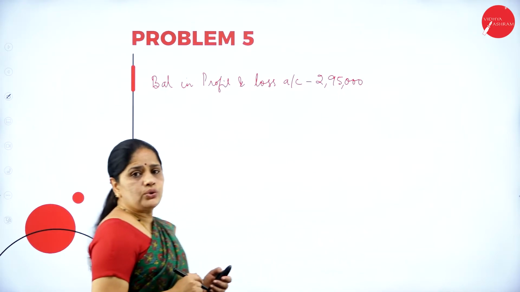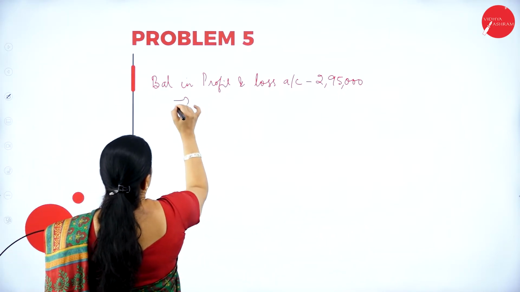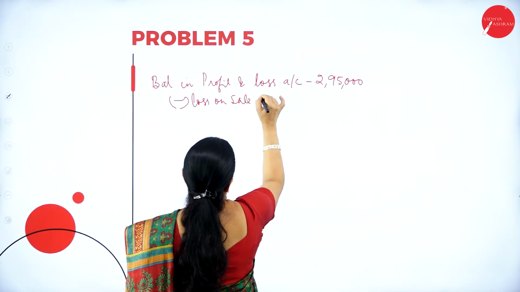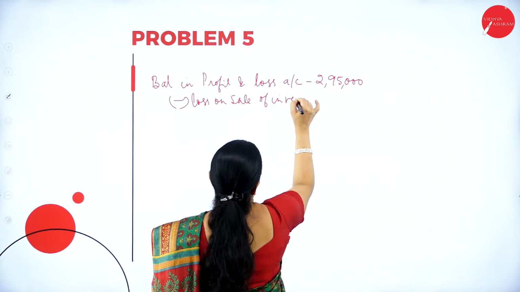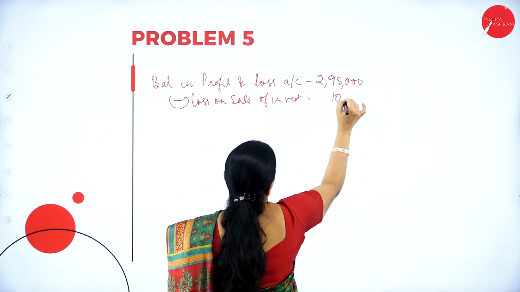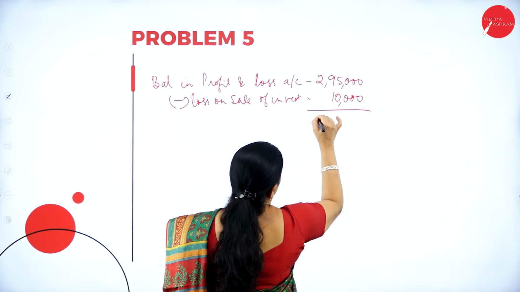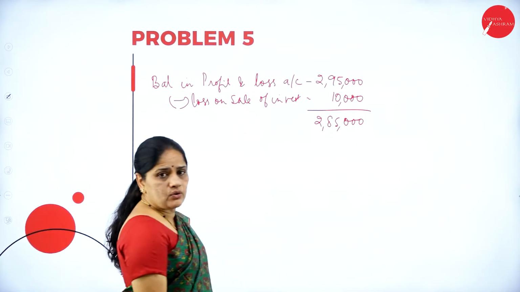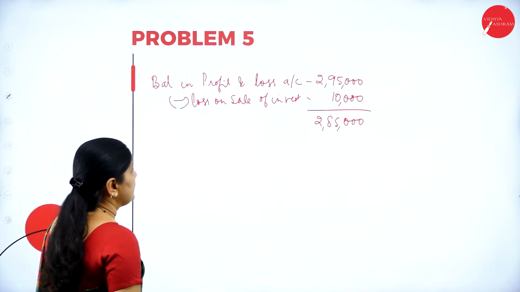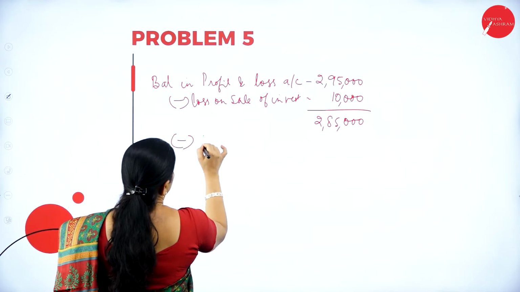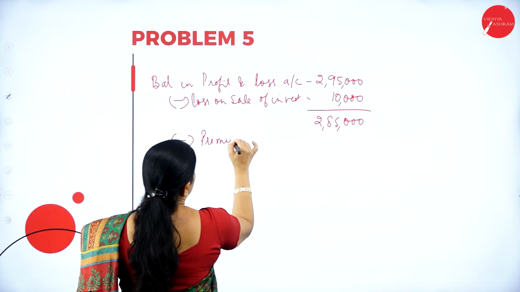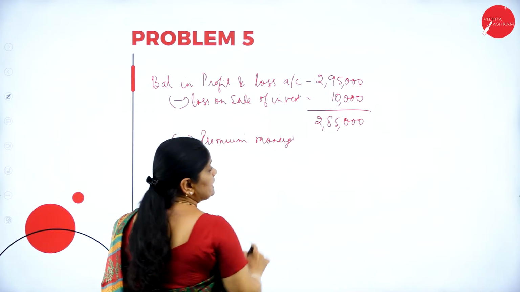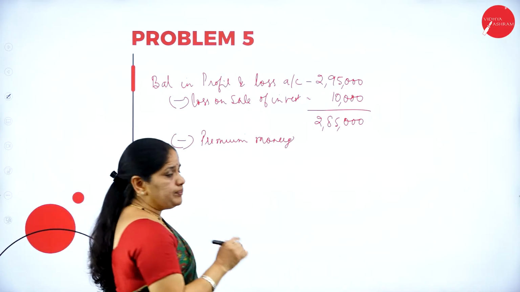So out of this 2,95,000 less loss on sale of investment. Loss on sale of investment 10,000 I will reduce. So what is the balance? 2,85,000. Now from this 2,85,000 I will reduce the premium utilized, premium money. Premium money 35,000 we have taken from P&L account.